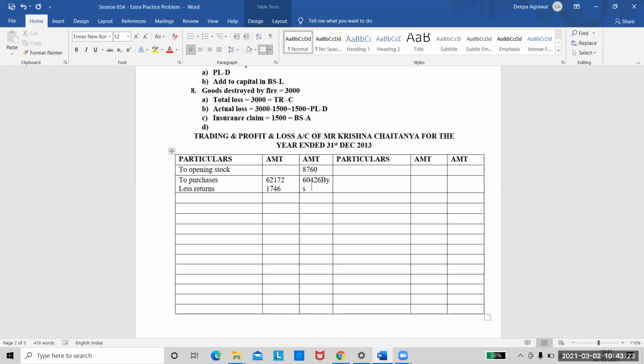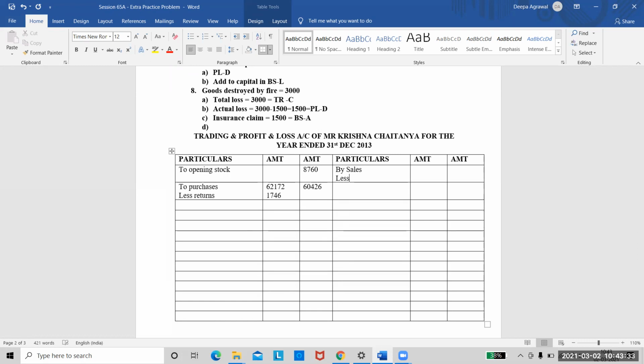Now we'll take the sales. We also have returns for sales. So write down the sales. And we have an adjustment. There are returns given. So take that returns also. Tell me the amount of sales. 71,436. Okay, and what are the returns? 1260.